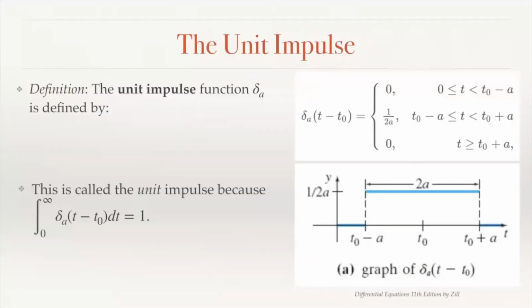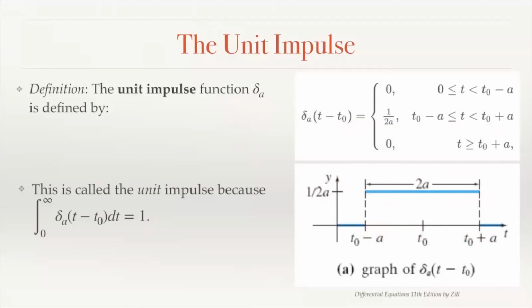Before we introduce it, we need to introduce the unit impulse function in terms of which it is defined. The unit impulse function, delta sub a, is defined as follows here. It's easier to understand this pictographically. It is a rectangle, essentially, of height 1 over 2a and radius a, and therefore width 2a.